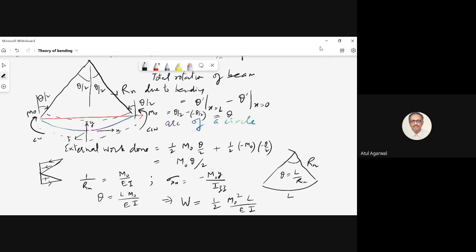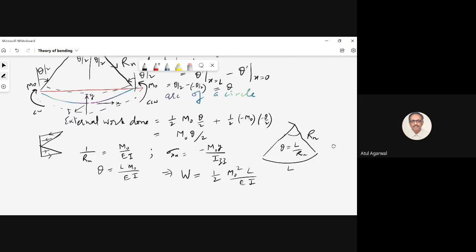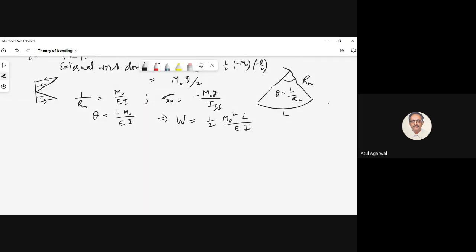Whatever is the work done by the external moment will go to increase the strain energy of the beam. The strain energy you represent by U. We will be discussing what strain energy is; probably we have not done it so far. But the simplest formula for strain energy is half sigma xx epsilon xx integrated over the volume.